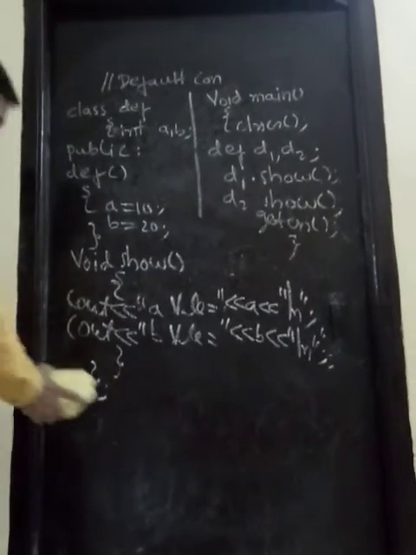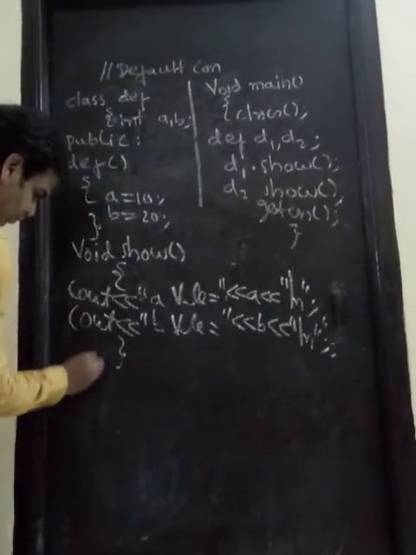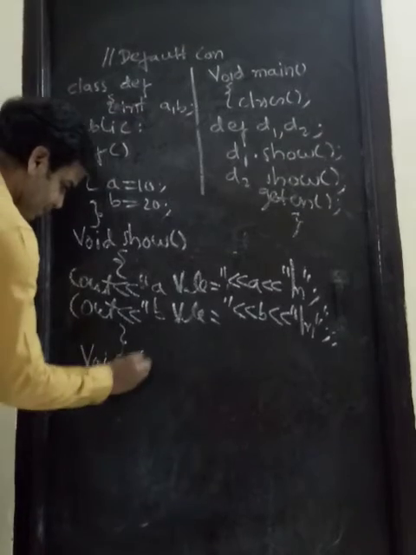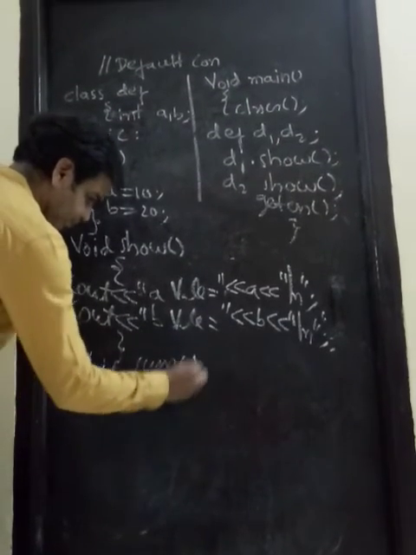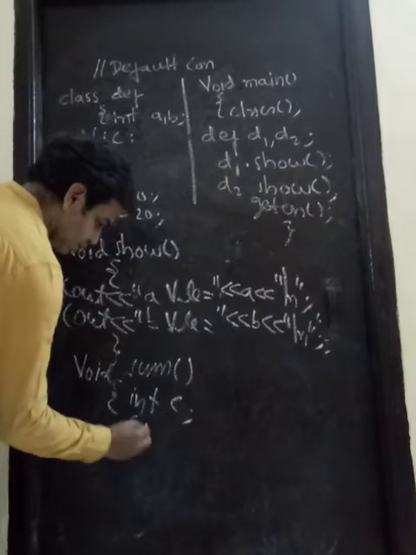Suppose in this I am also taking a void sum. Integer c is equal to a plus b.